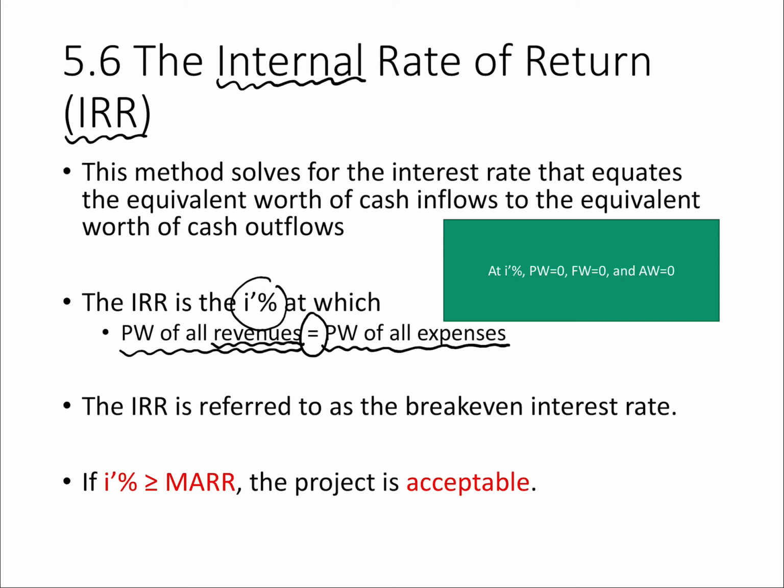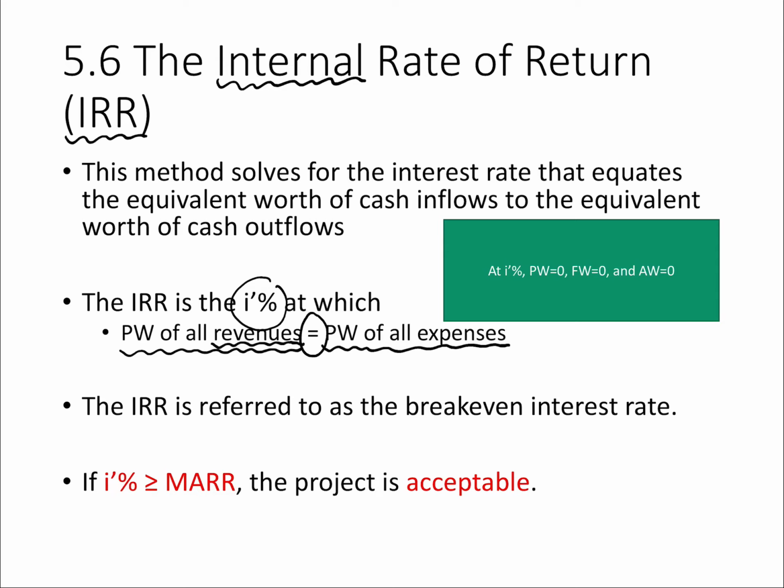Why is it called internal rate of return? The internal means all the revenues generated by the project will be reinvested at the same I prime percent in the same project. Imagine you're an iPhone company and you sell iPhones, and all the revenue you get from selling the iPhones is reinvested into the production or design of a new iPhone.